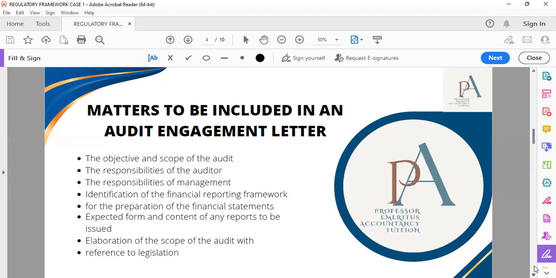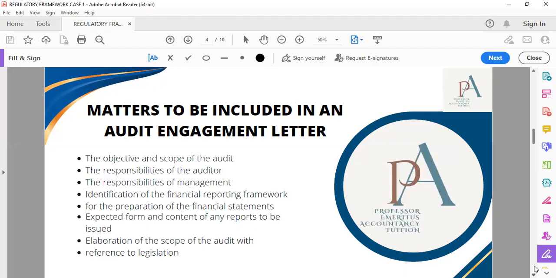The engagement letter will state the expected form and content of any report to be issued. Normally, the auditor will give what we call the auditor's report. They will state the format and the content of the report.